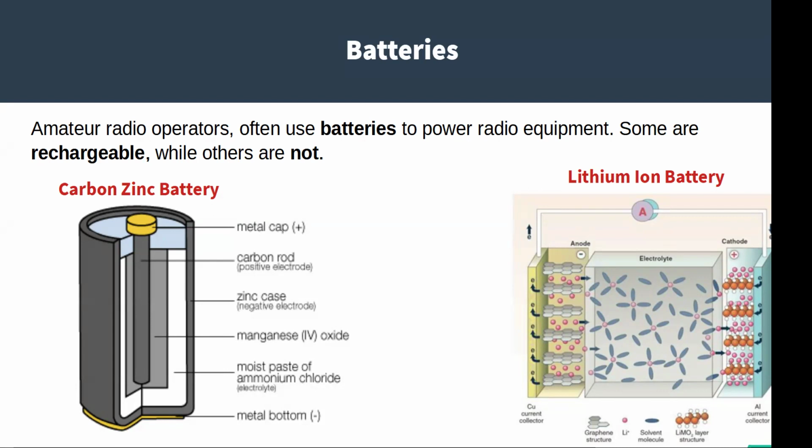Once it runs down, you can't charge it. It's a non-reversible chemical process. In the case of more modern batteries like lithium ion, that is a reversible chemical process, so you can recharge that type of battery. Just like nickel cadmium or lead acid, like your car battery, those are all rechargeable batteries.